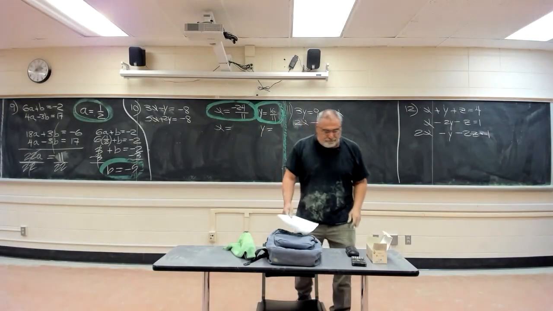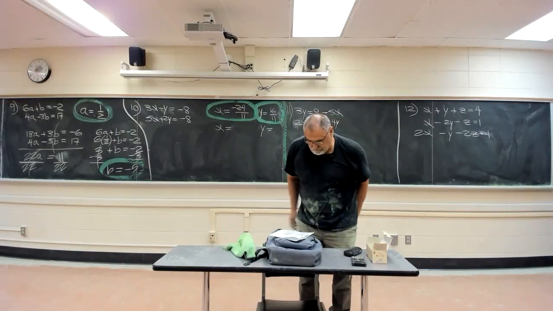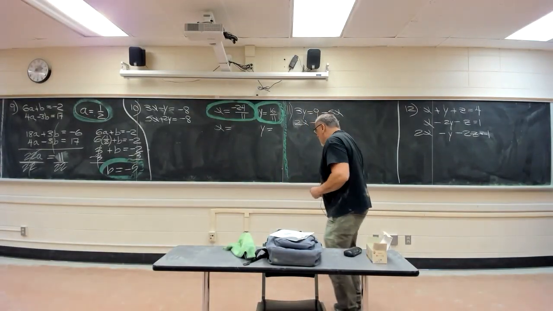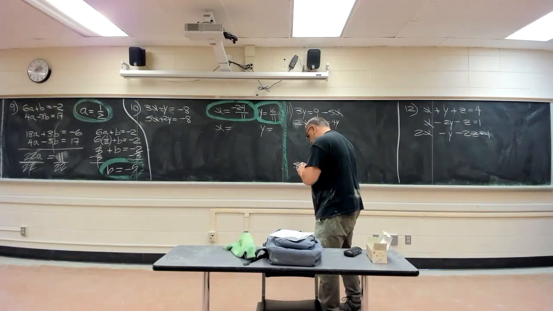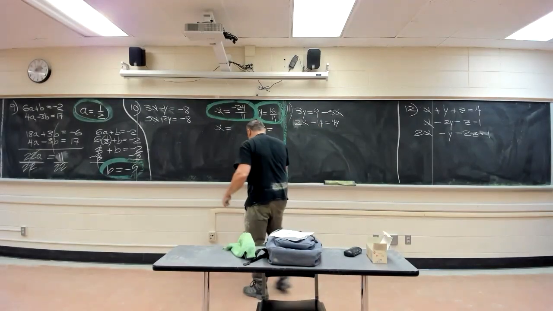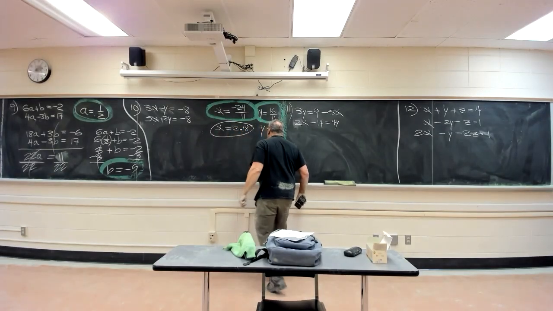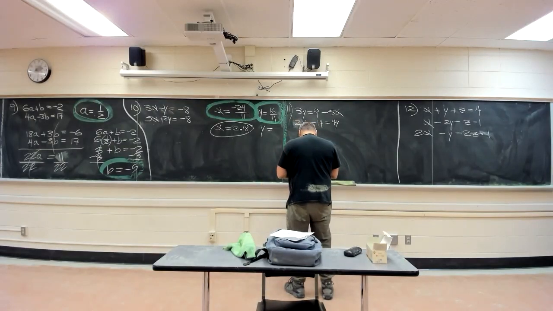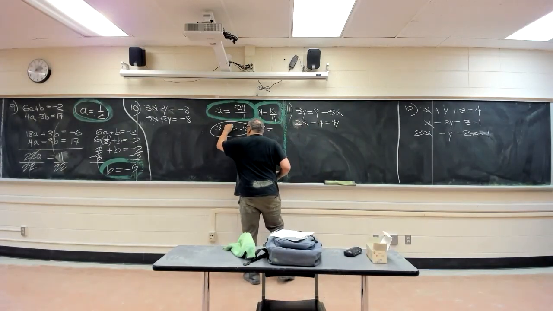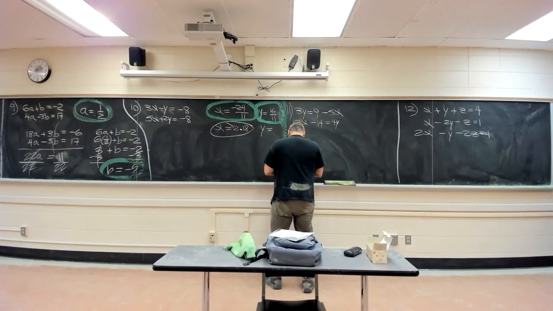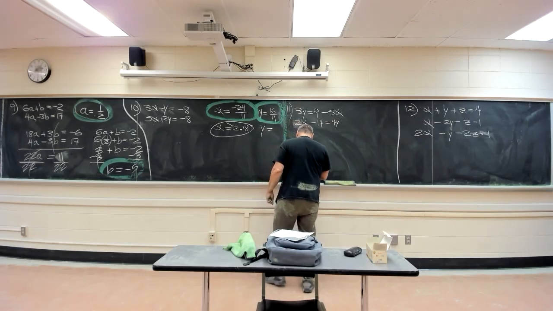Negative 24 over 11 is negative 2.18181818. Well, 2.1818 just rounds off to 2.18, and a negative, of course. 16 over 11 is 1.454545.